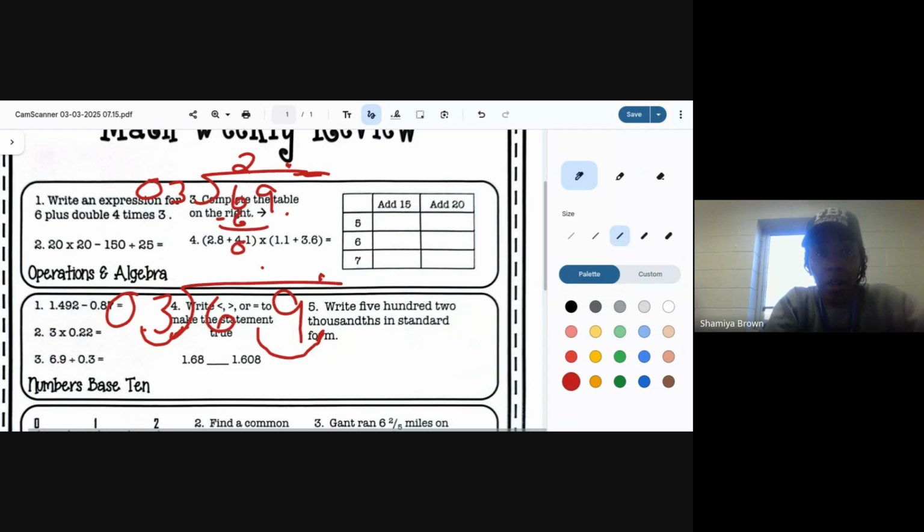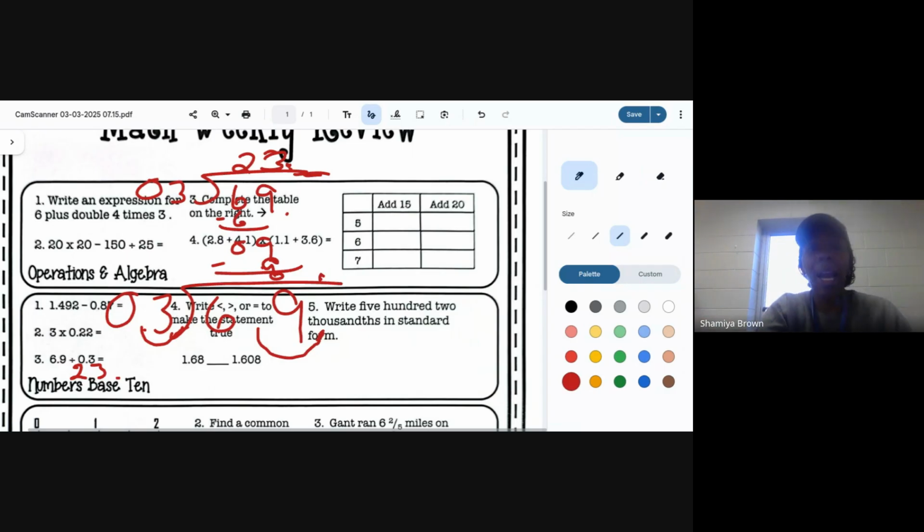Subtract, I get 0. Bring down my 9. 3 goes into 9 3 times. And that has to go above the 9. So 3 times 3 is 9. Subtract, I get 0. So it's 2300. So my decimal is right there. So my answer would be 23. I'm sorry, not 2300. It's 23.